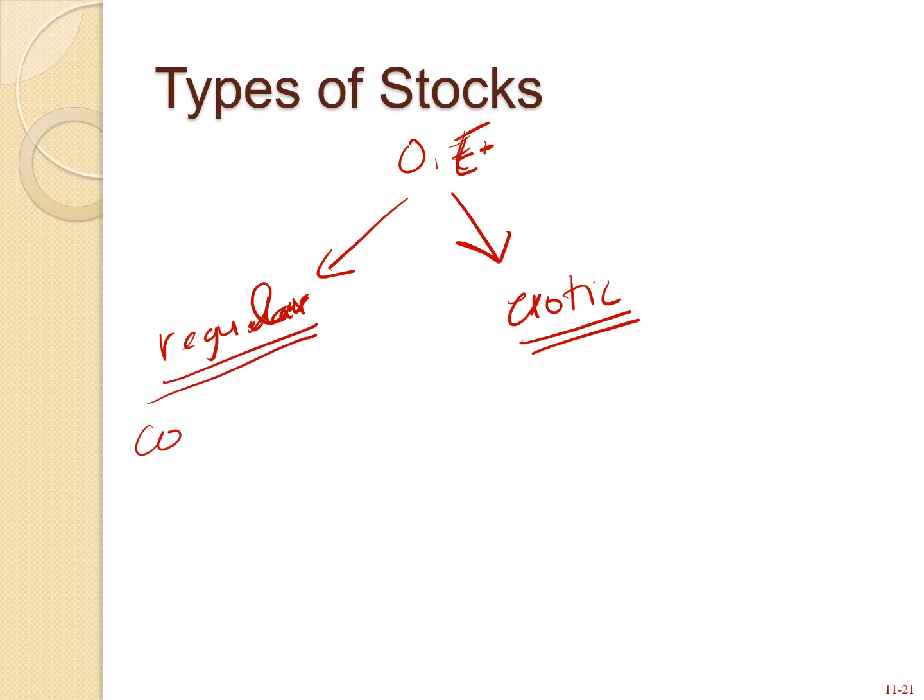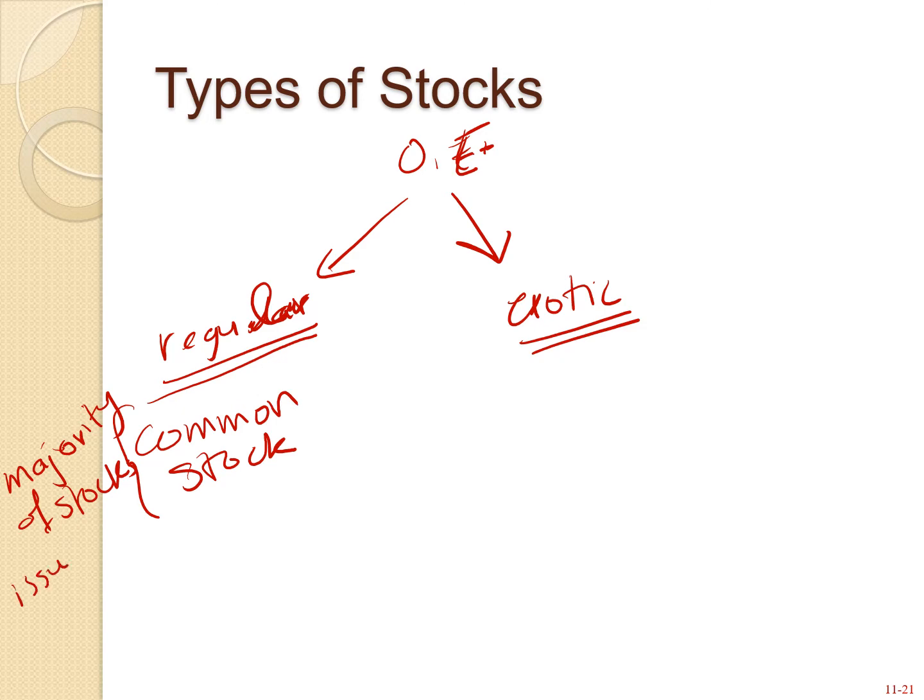The regular one is called common stock, and this is the regular issue, and usually it's the majority of stocks issued by the company. The exotic type of stocks is called preferred stock. So this is something common and this is something preferred, regular and exotic.